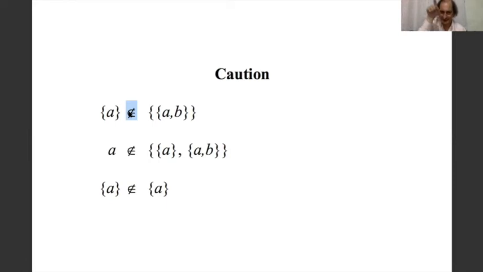It's the membership sign with a slash through it, is not a member of this set. If you look inside the outside brackets here, you will not find this. The only thing you find is this, the set containing A and B, and that's a different thing from that. Those are not the same.